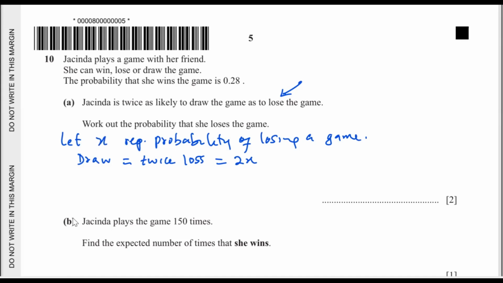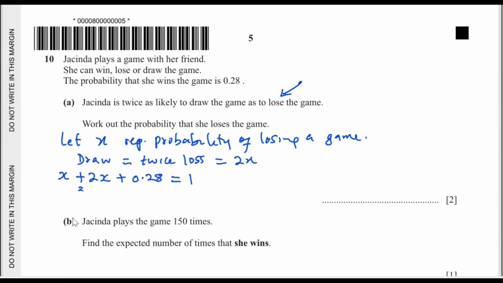So if s represents the probability of losing, the probability of drawing is 2s. Now, probability of losing plus probability of drawing plus probability of winning, everything should give us 1. It's either winning, losing, or draw, and the sum of probabilities will give us 1.